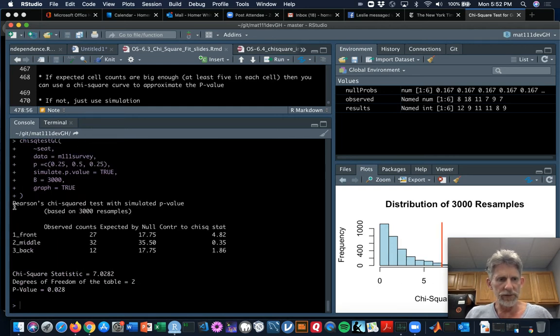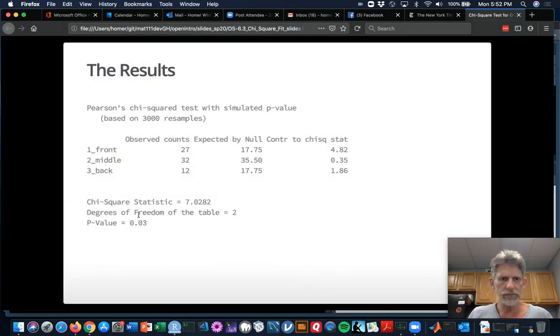And we have some results in the console to look at, and we have a graph over in the plots window. And so this time, all in a flash, R not only recorded the results that it found when it looked down the seat variable in N111 survey, it recorded how many students you would expect to see preferring each of the different types of seats if the probabilities were really 1/4, 1/2, and 1/4.